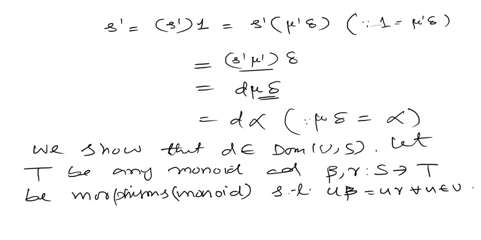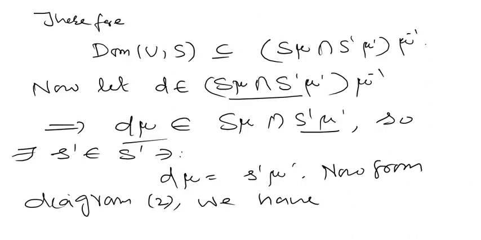Okay, s dash. So d is equal to s dash mu prime. The d you took earlier in the intersection, from there s prime came out, such that d mu is equal to s prime mu prime. Okay, let's use this.